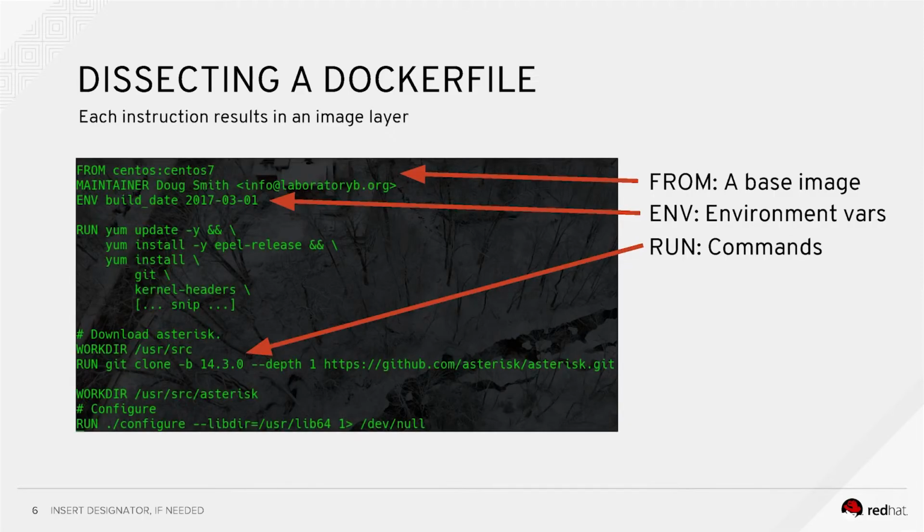If you take a look at a Dockerfile, some of the things you're going to notice is that it's basically a bunch of bash commands, but it's always from a base image. So you say this is from CentOS, for example, and typically someone else has created this base image for your convenience.